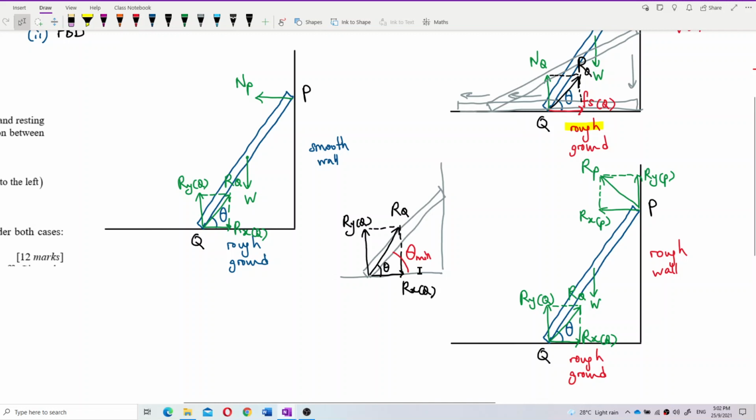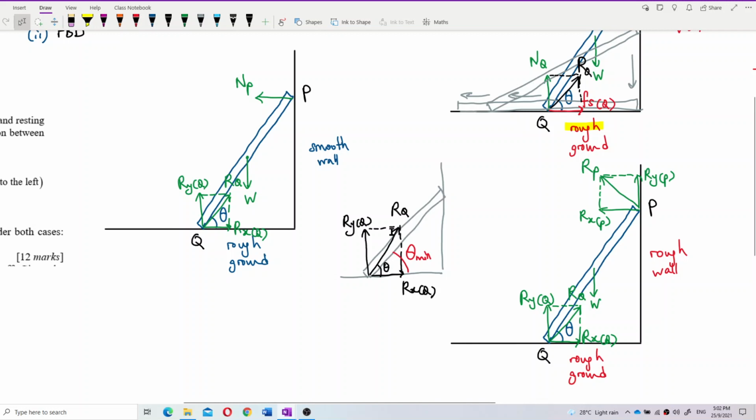No, they are not related. This angle theta for the reaction is not the same as the angle for the beam. So we cannot say the reaction force angle is the same as the angle theta for the beam.